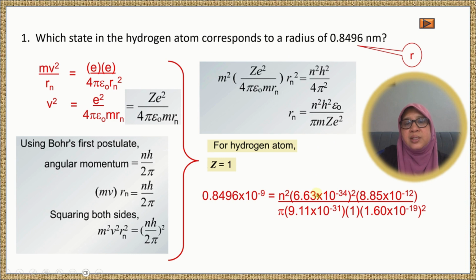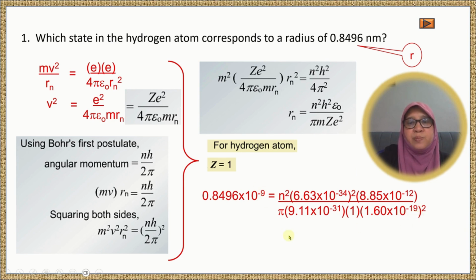Planck constant is 6.63 times 10 to the power of negative 34, bracket squared. Permittivity of free space is 8.85 times 10 to the power of negative 12, times pi. Mass of the electron is 9.11 times 10 to the power of negative 31. Z is 1 for hydrogen, and the charge of the electron is 1.6 times 10 to the power of negative 19. Don't forget the square here.